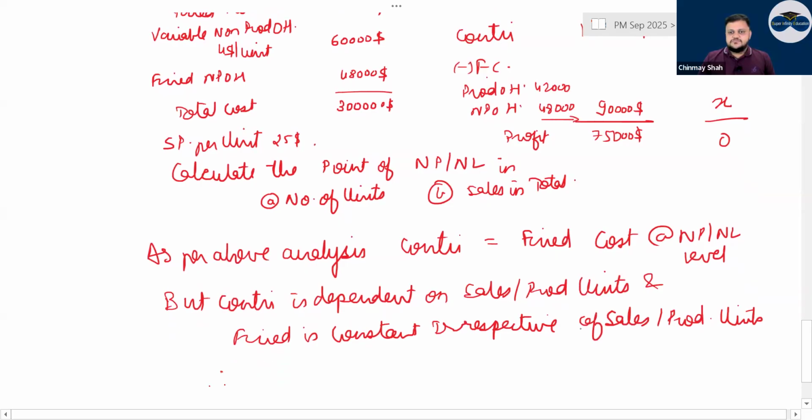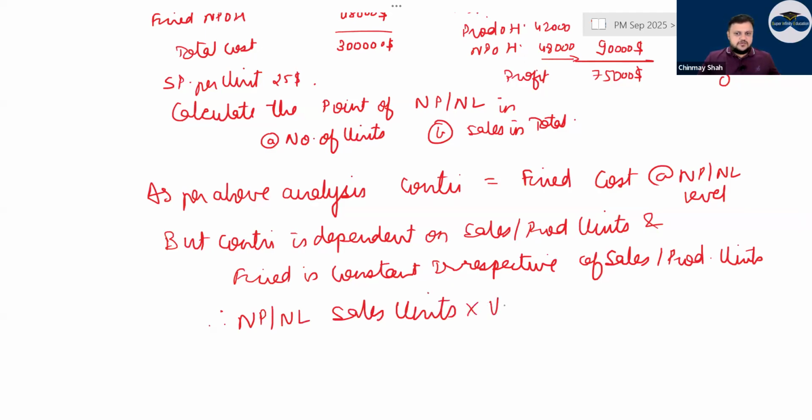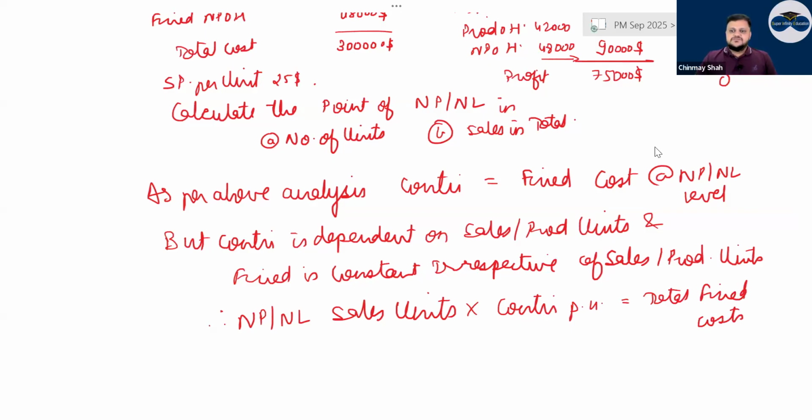Therefore, at no profit, no loss, sales units multiplied by your contribution per unit should give you total fixed cost. Does it make sense now?